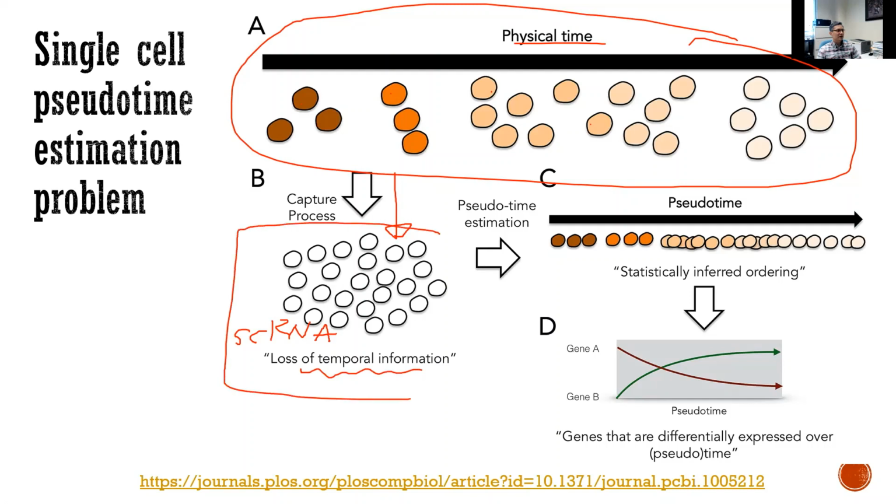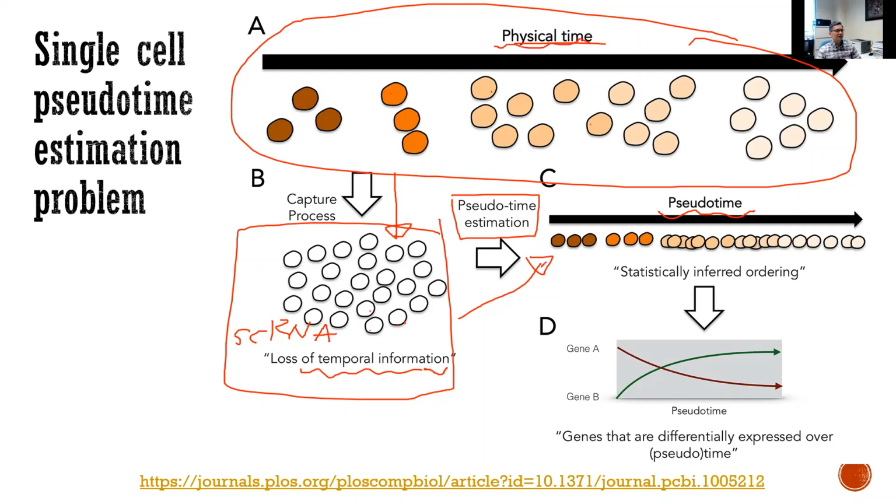But after sequencing and getting the gene expression information from those individual cells, you can use the pseudotime estimate to reconstruct this pseudotime axis, and hopefully this reflects the real physical time.